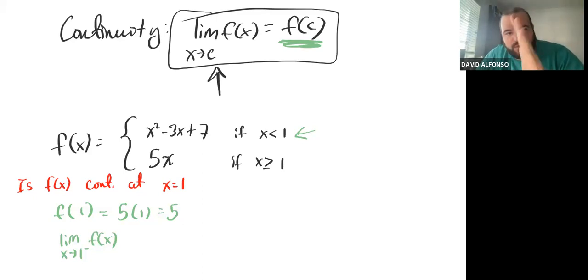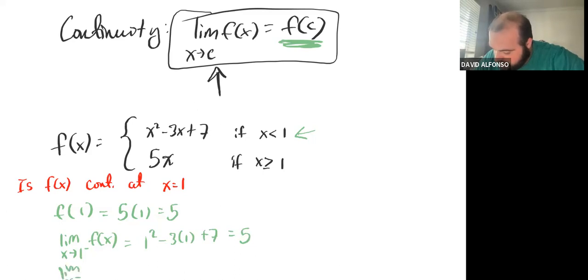So that's where you do the direct substitution. You'd get 1 squared minus 3 times 1 plus 7, which would be 5. And then the limit as x approaches 1 from the right, you can do direct substitution into the function on the right, which would be 5 times 1, which is 5.